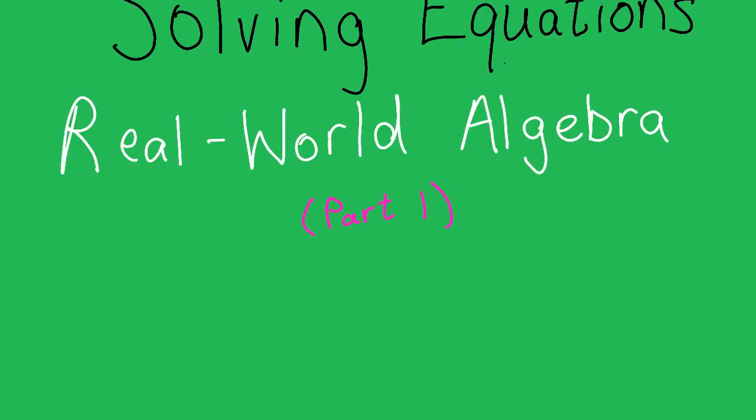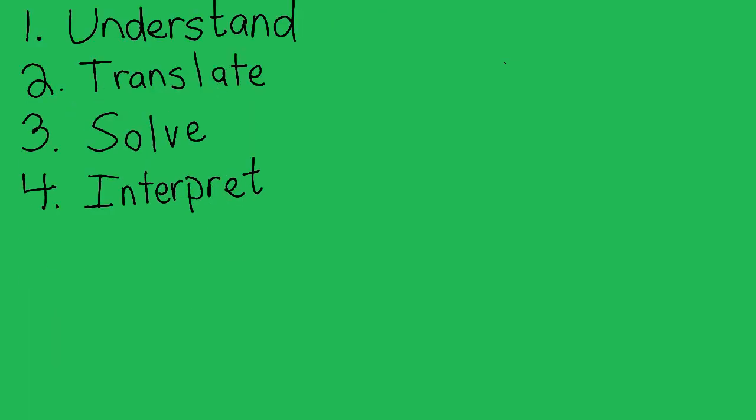But anyways, let's begin. So our strategy is 4 steps. And to clarify, we're using this to solve problems like word problems that are presented in paragraph form. So they have a couple sentences giving us some information and then asking us to find something or solve something.